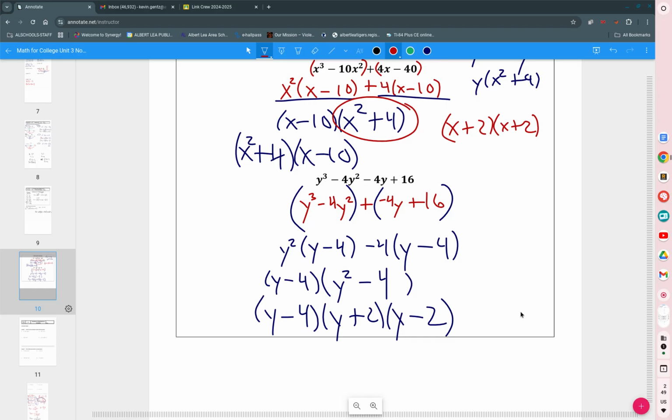Not at all. In fact, if you were to multiply this out, you get an x squared, you get a 2x, you get another 2x, and you get a 4. You get x squared plus 4x plus 4. You don't get that. This doesn't factor. Remember, the sum of squares does not factor. Whereas down here, it came up with y squared minus 4. That does. So please keep that in mind.